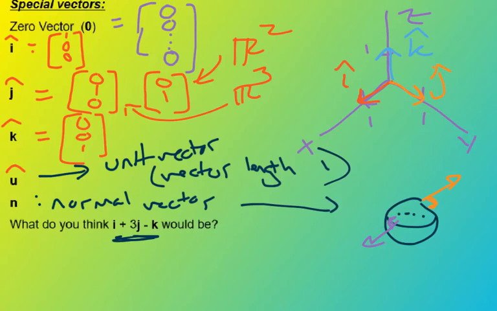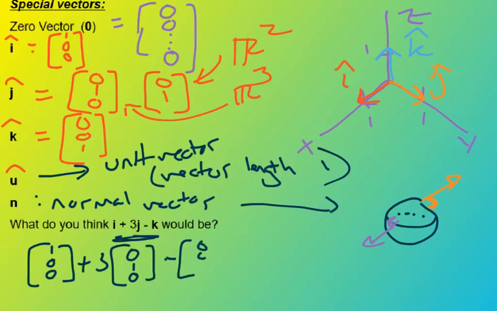Literally, it would translate to 1, 0, 0 plus 3 times 0, 1, 0 minus 0, 0, 1. And the way you add and subtract these is you literally just go piece by piece.